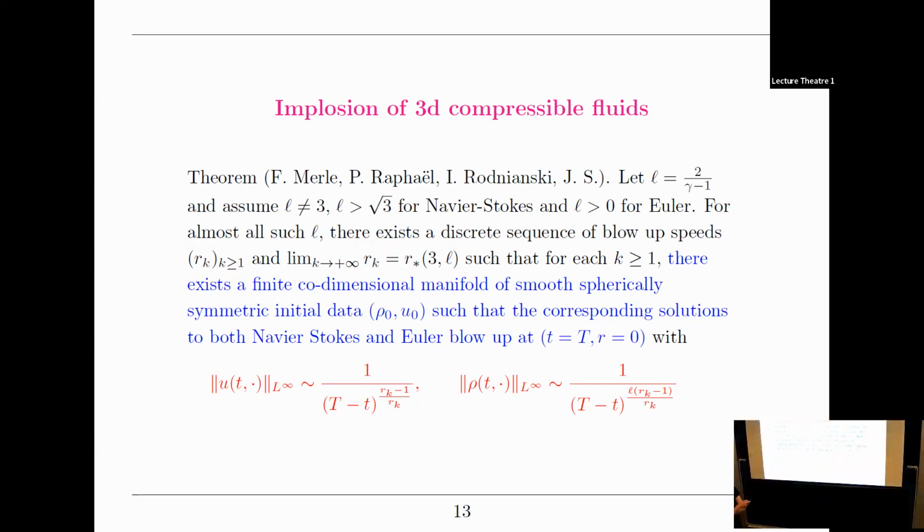And let me also tell you how they blow up. This is what is called an implosion. It's not a shock formation, it's an implosion, simply because the L infinity norm of the density blows up itself, not just the first order derivatives. Yeah, so it's not on the slide. R_k here is strictly larger than 1, so you have blow-up of the L infinity norm.